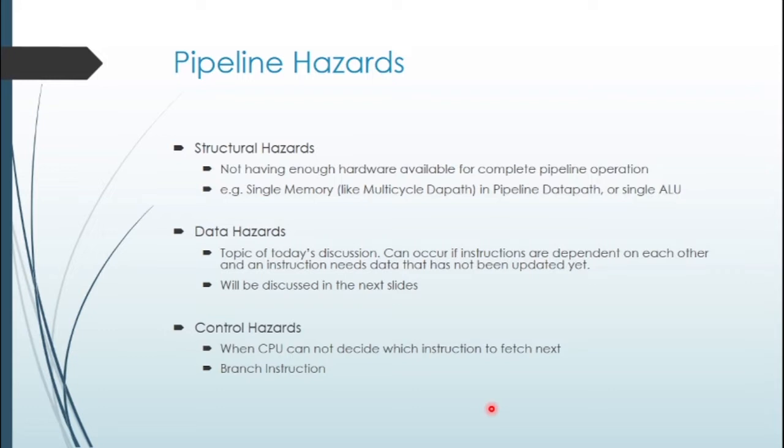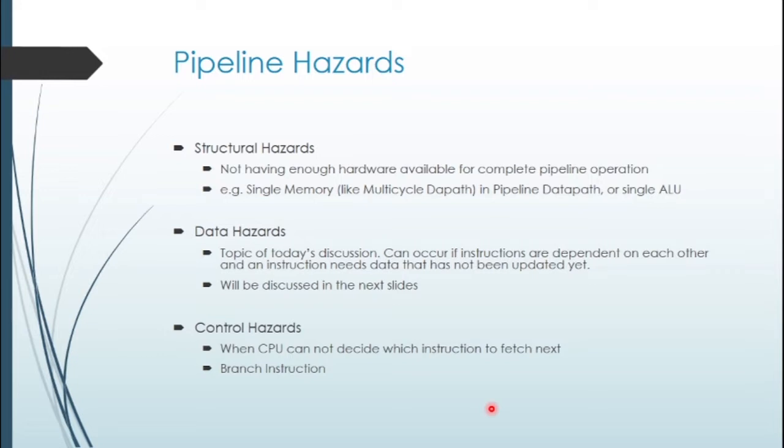First, we just see what these hazard types are. Structure hazard is when we don't have enough hardware available for the pipeline operation. For example, just like multi-cycle, what happens if we use a single memory?